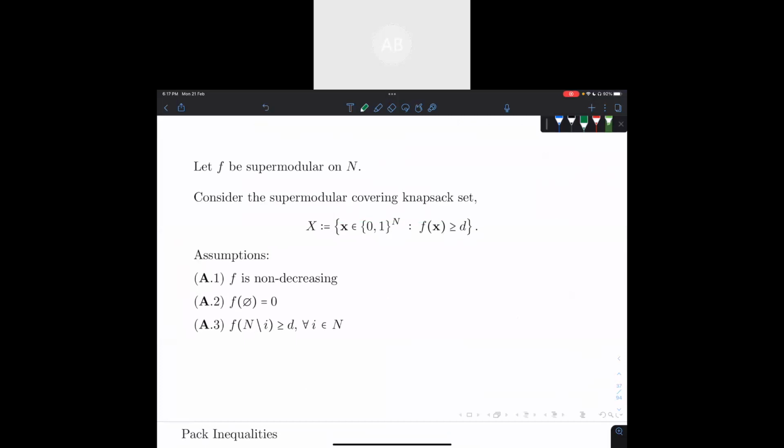You can also look at it this way: if this was presented in this way, then f was a non-increasing submodular function, and we're looking at the lower level set of this function.